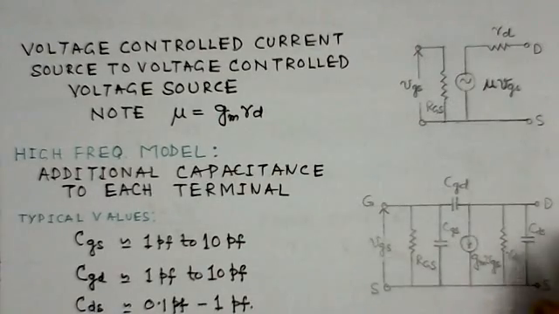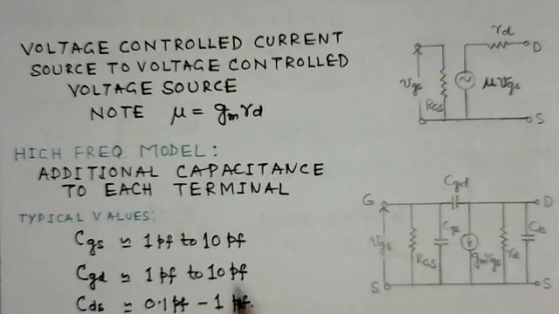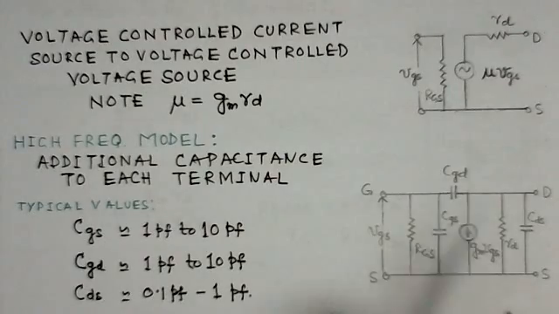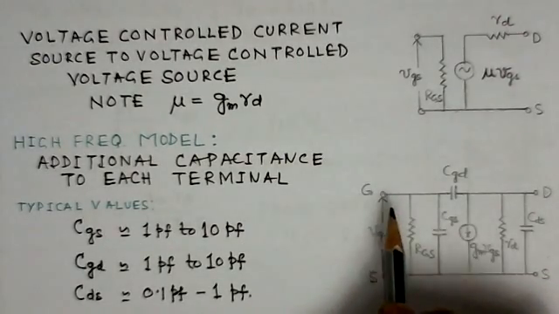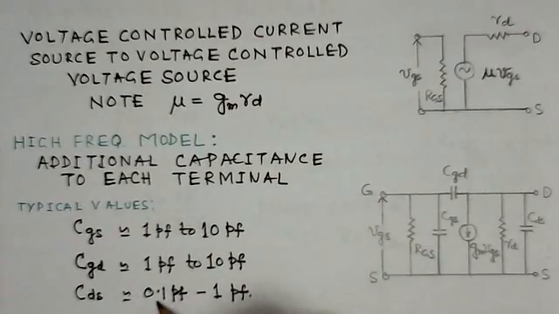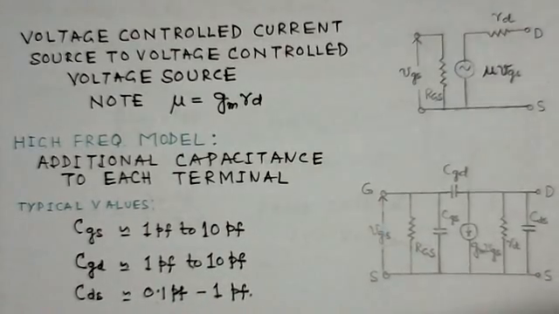If you observe, CGS and CGD are typically about the same, between 1 pF and 10 pF, while CDS, the drain to source capacitance, is a smaller value, 0.1 pF to 10 pF.